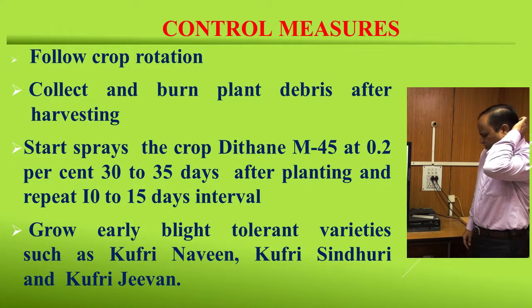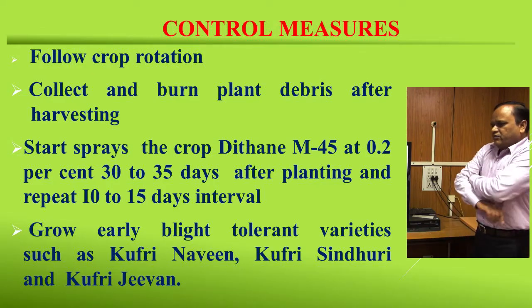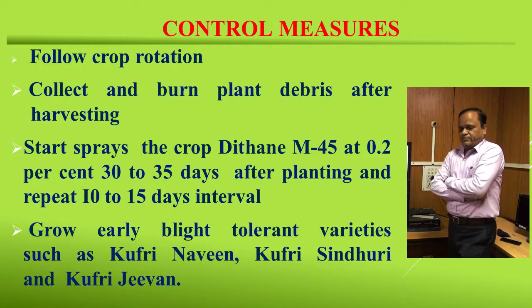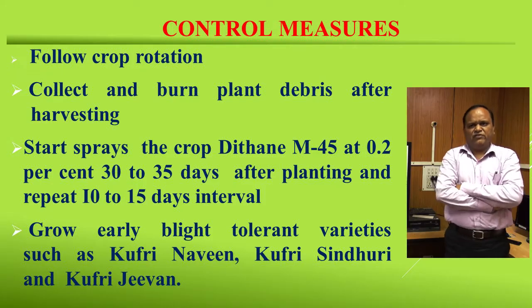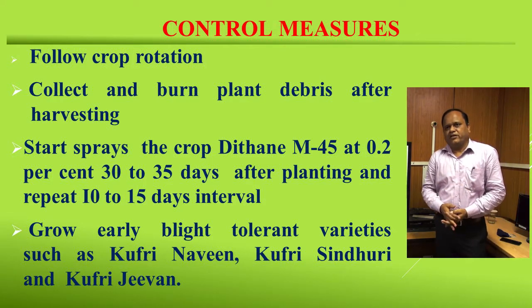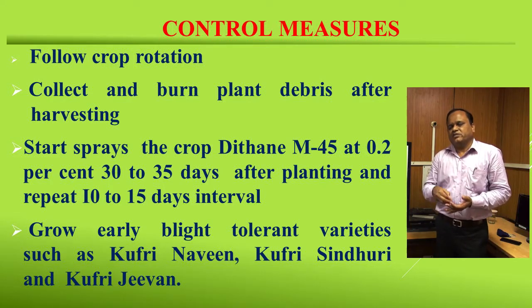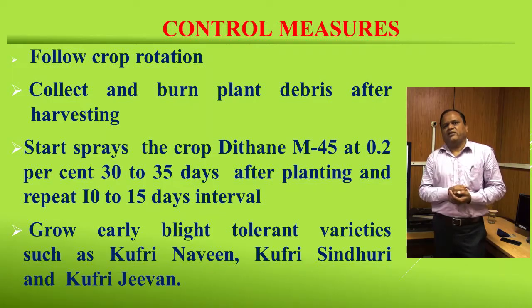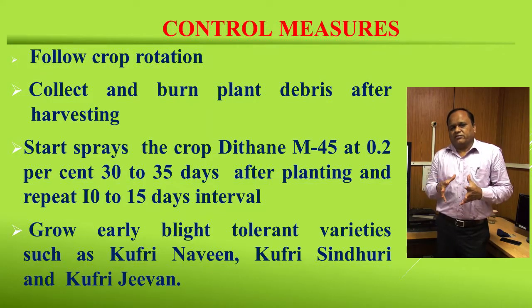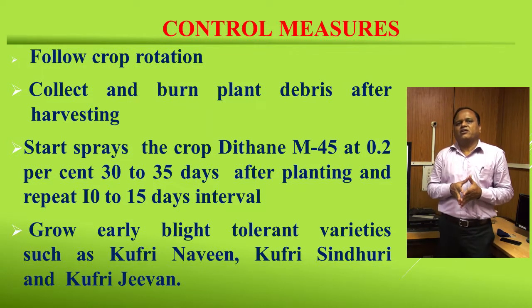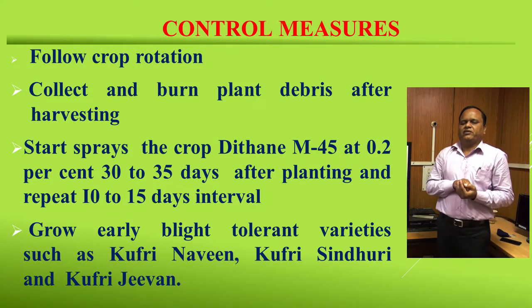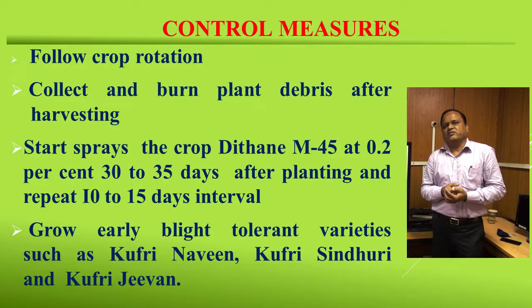Follow crop rotation. As I have already told, potato is in the family of Solanaceae. So if you grow the same crop or a different crop of the same family in the same field, then the pathogen will remain in the field, and that will cause the early blight of potato.